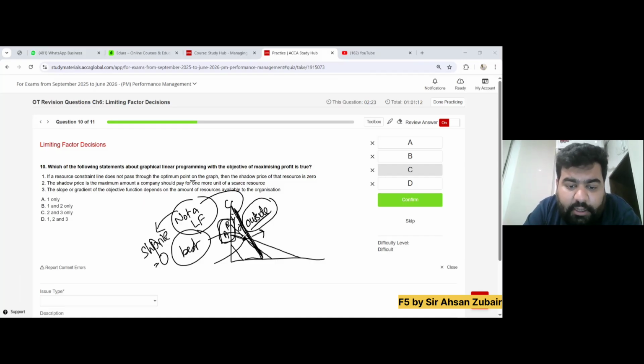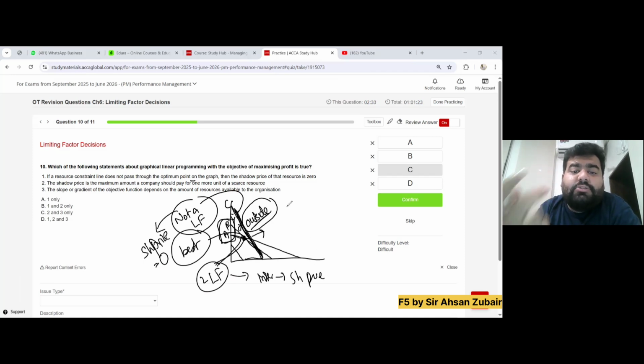That's the point where you have two limiting factors intersecting, and you have to calculate the shadow price there. For a resource that is not a limiting factor, there will be no shadow price. So it's written, if the resource constraint line does not pass through the optimum point, meaning line C, the shadow price of that resource is zero. Obviously it will be zero.